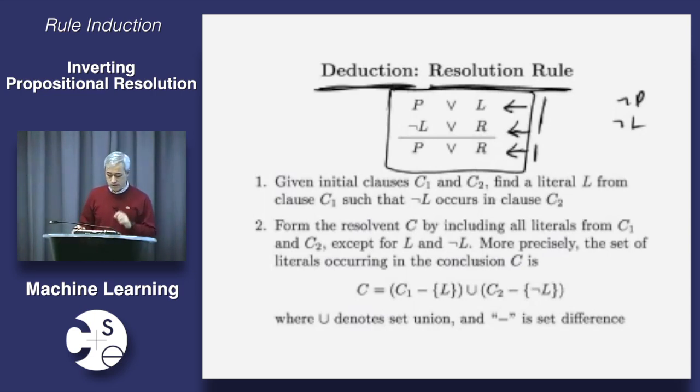So in particular, here's the hint. Let us focus on this literal L, right? This is an interesting literal because it's actually the one that appears in both of the clauses, right? And we know that L is either true or false, right? So what can we tell about P if L is false?